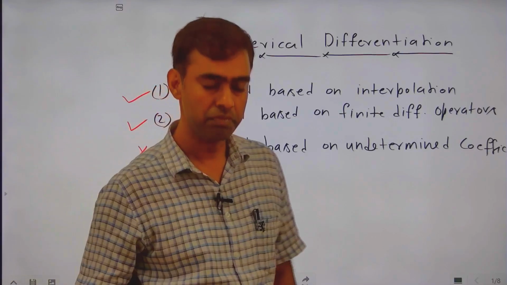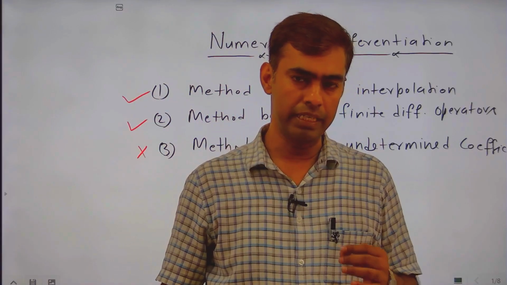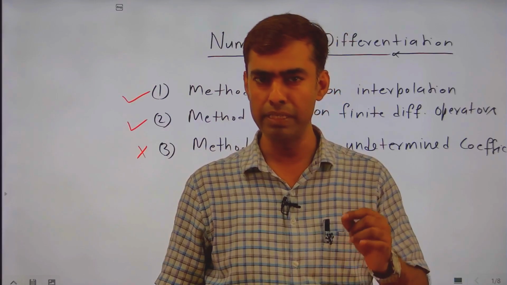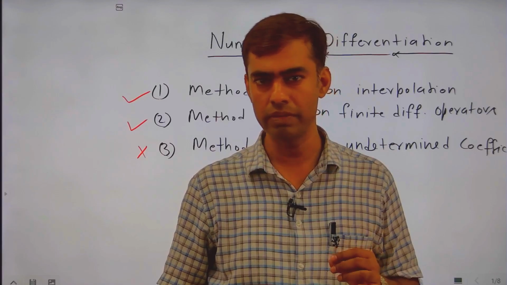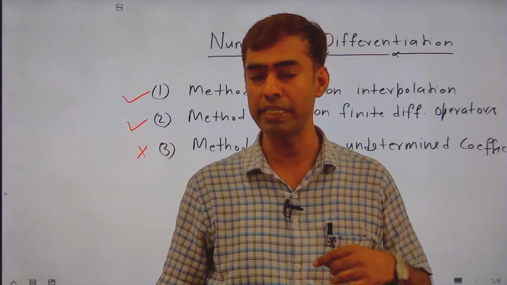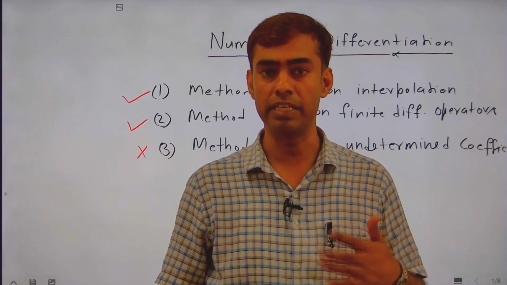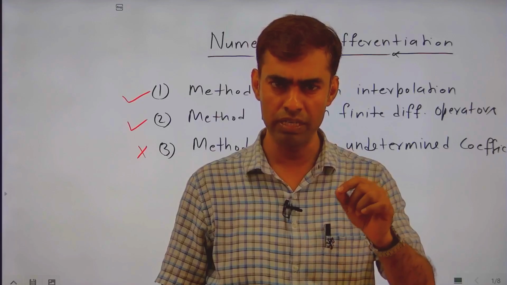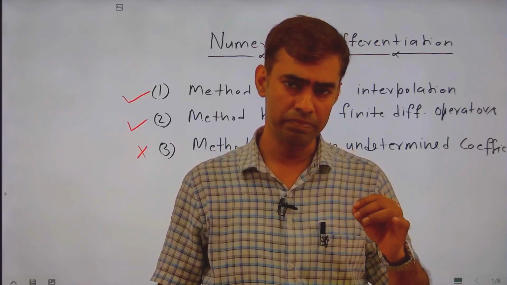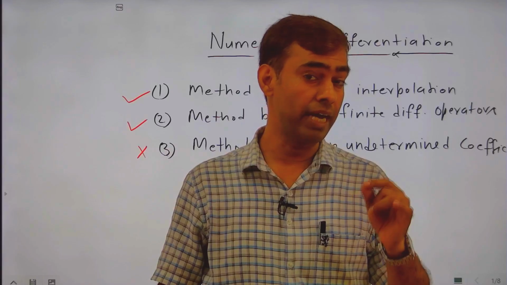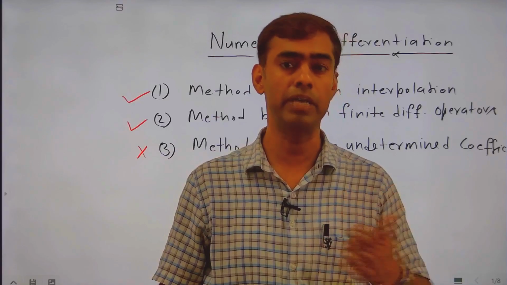Basically, in numerical differentiation, if we try to find the value of a derivative near the first value, then we use the forward interpolation formula. If we try to find a derivative at the last value or nearer to the last value, then we use the backward interpolation formula.